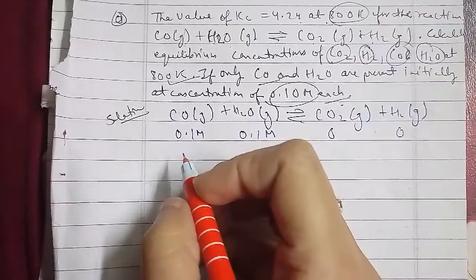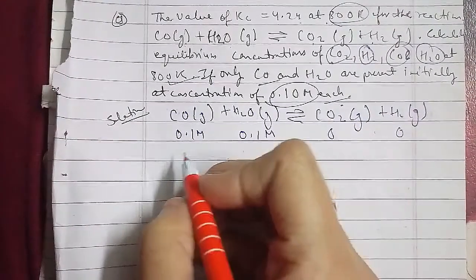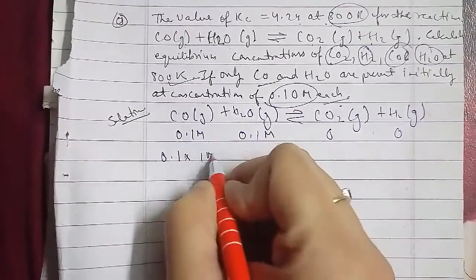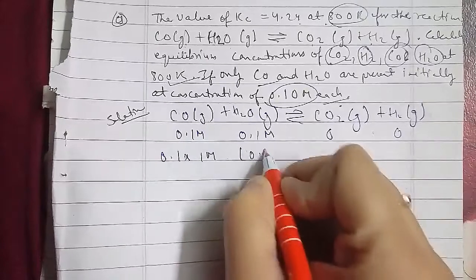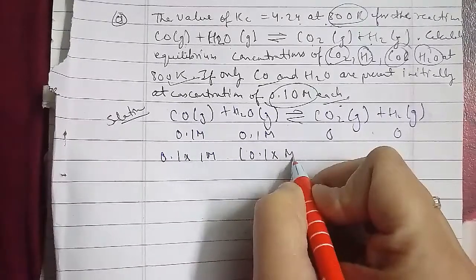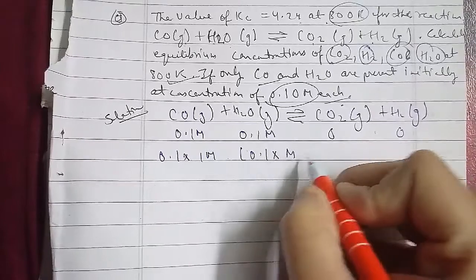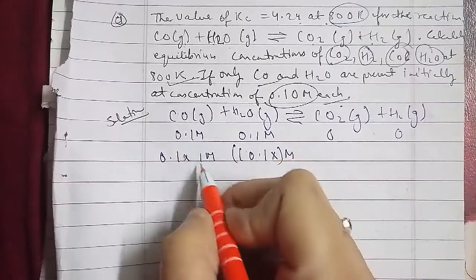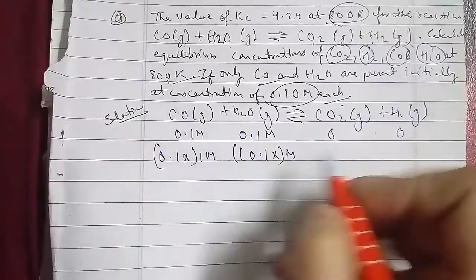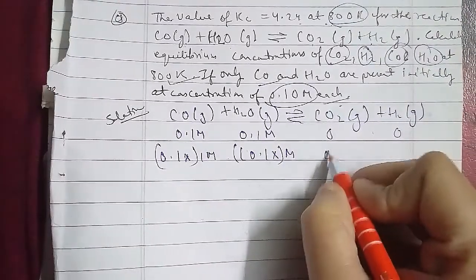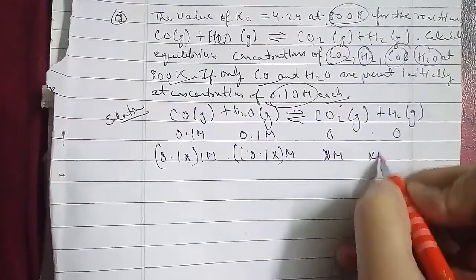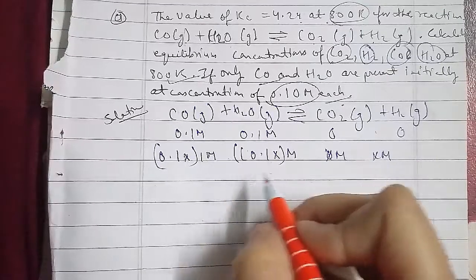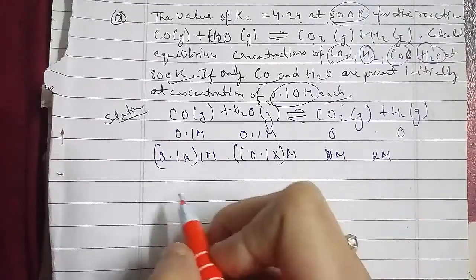So the equilibrium constant can be written as Kc equals x square upon (0.1 minus x) square, and that equals 4.24. Expanding, we get 0.0424 plus 4.24x square minus 0.848x.